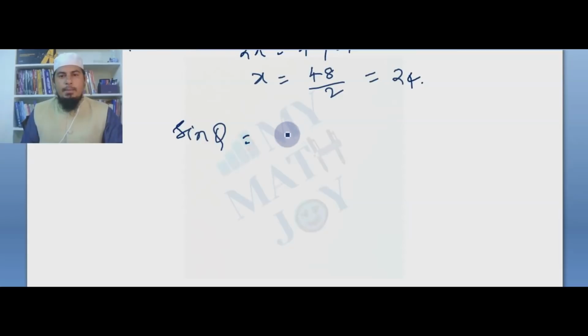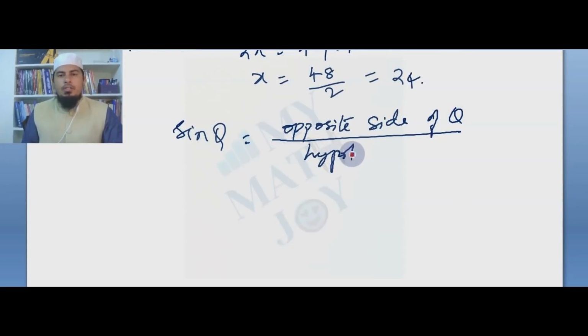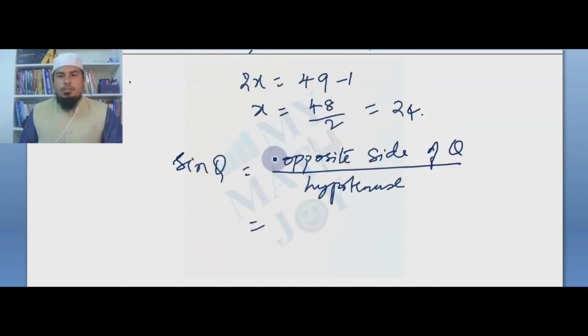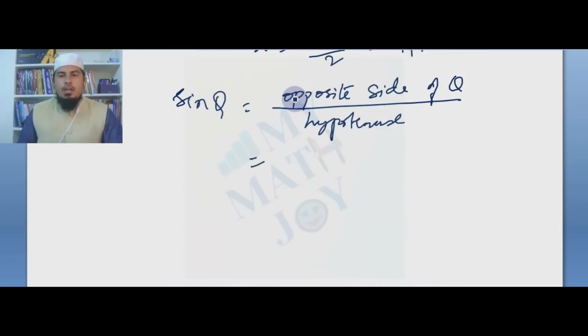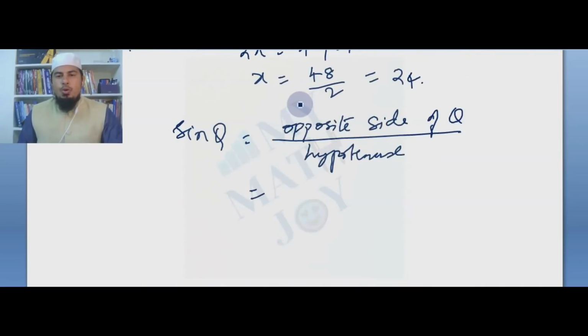Sine Q is nothing but the opposite side of Q divided by hypotenuse. Please go to the right angle triangle and see. Q is here, so with respect to Q, this will be opposite, this will be the adjacent side, and this is hypotenuse. According to the right angle triangle in front of you, sine Q will be OP by OQ, that is 7 by 25.